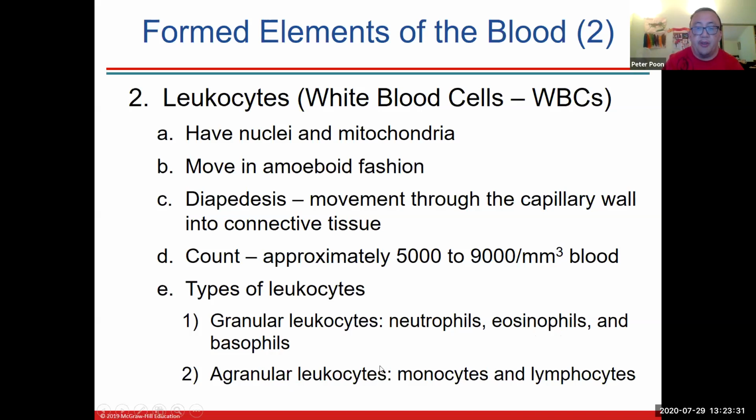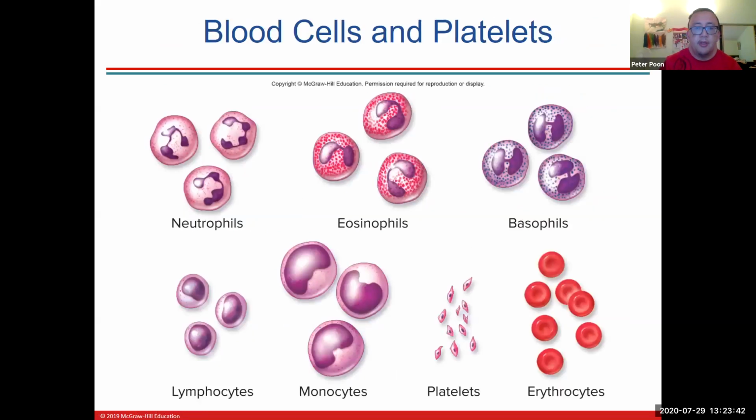Neutrophils, eosinophils, basophils. Agranular leukocytes: monocytes and lymphocytes. Like I taught you guys in micro, never let monkeys eat bananas. And that's the mnemonic from most to least.